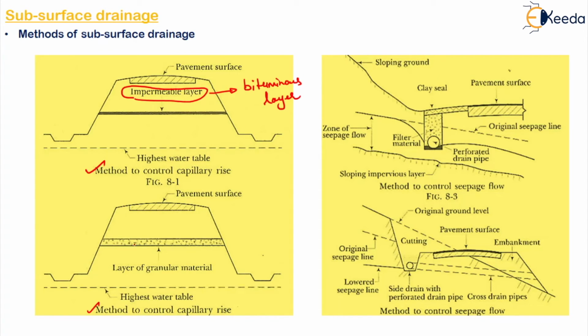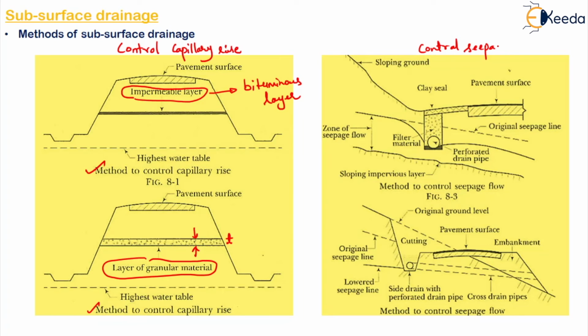And the second one may be by providing a layer of granular material between the pavement surface and the highest water table, and we have to make sure that this has a proper thickness so that there is no way for the water to reach the pavement surface. So these are the two methods by which you can control your capillary rise.